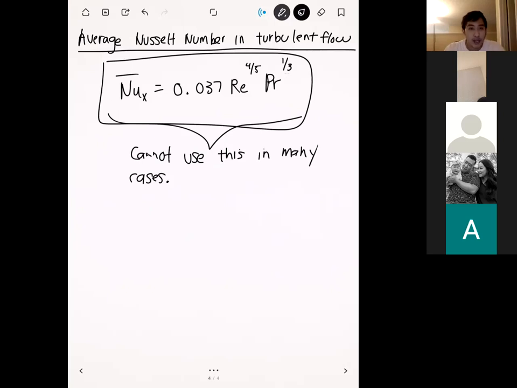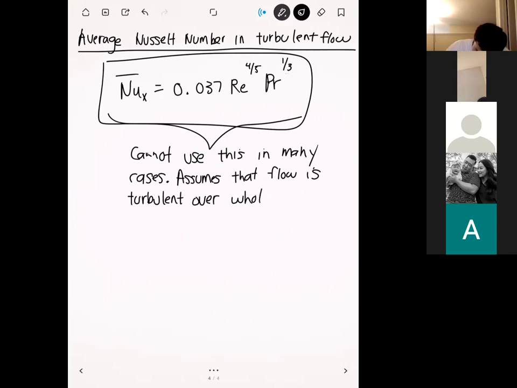In order to actually use this, we have to assume that the boundary layer is turbulent over the entire surface or most of the surface, which can happen if we trip the flow, something we talked about before.